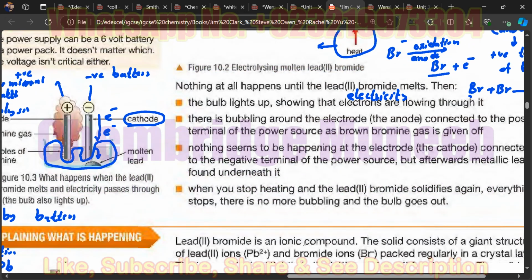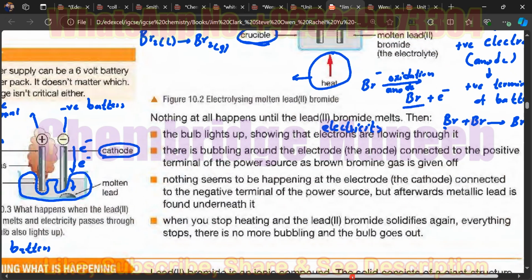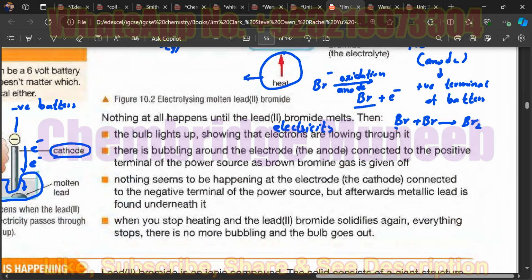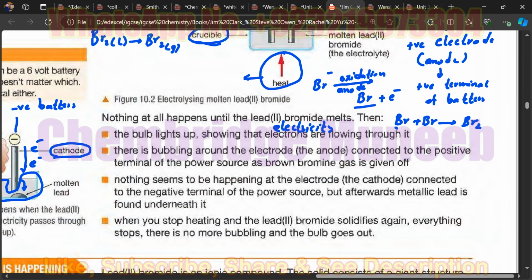Yes. Okay. Now you can go through these points again to revise the whole process. There is bubbling around the electrode, the anode connected to the positive terminal of the battery power source, as brown bromine gas is given off. It shows the oxidation of the bromide at the anode.